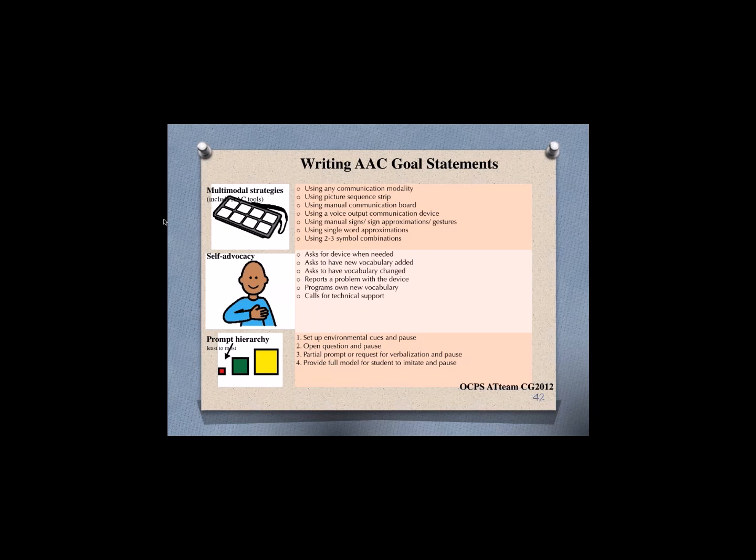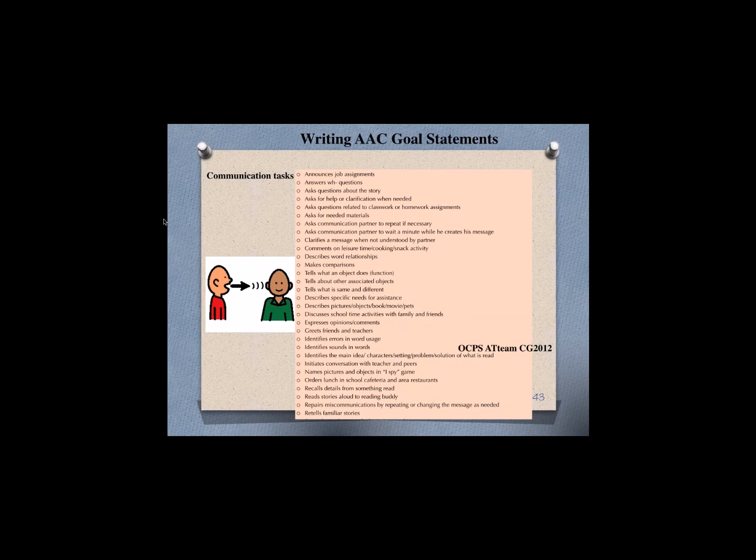There's language to help you think through whether we're reducing the student's reliance on prompting and whether we're reducing our amount of prompting, as well as a whole variety of different communication tasks that we can think about incorporating into the goal. So it's just a lovely handout, and you should look for that in the Facebook group.